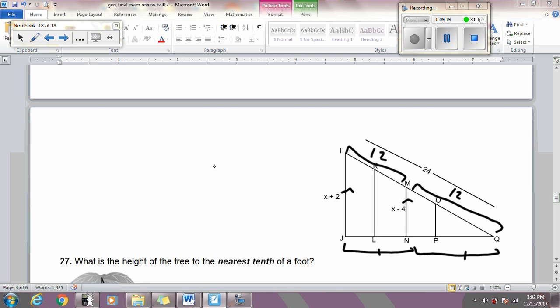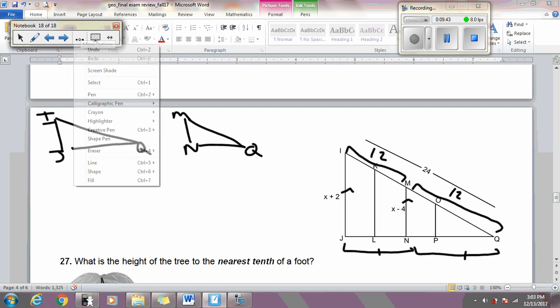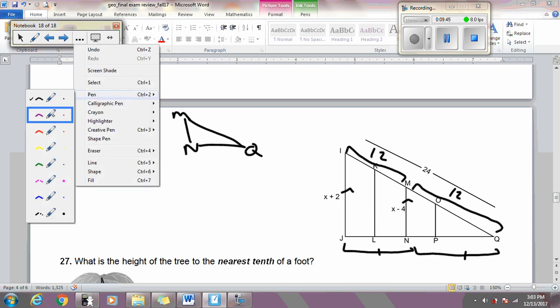In this situation, it would be best to redraw two separate triangles. Label them. The first one, the big one, is I, J, Q. The little one is M, N, Q. And then I would relabel all the given information.